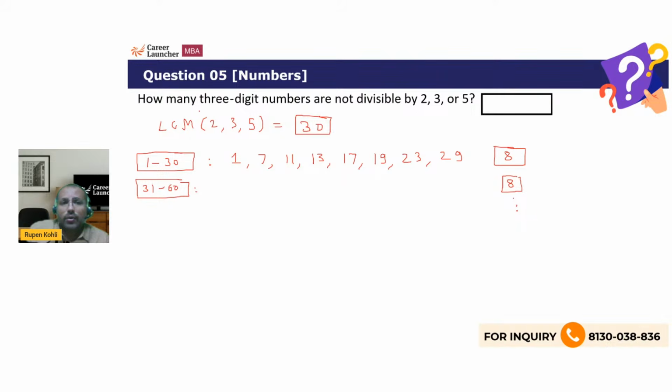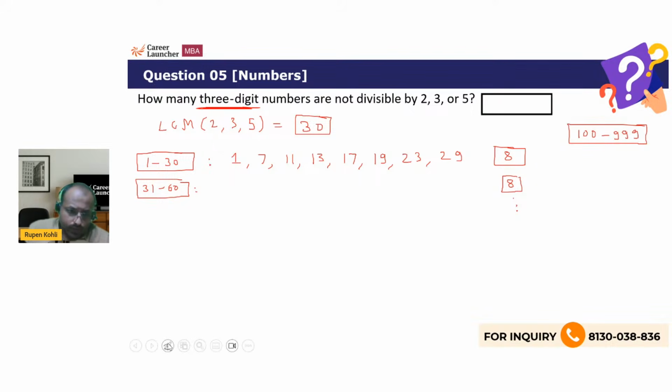So my counting has to go in the range of 100 to 999. How many 3-digit numbers are satisfying this condition? Now, the catch is the endpoints are not multiples of 30, because my range is going from 100 to 999, 900 numbers.